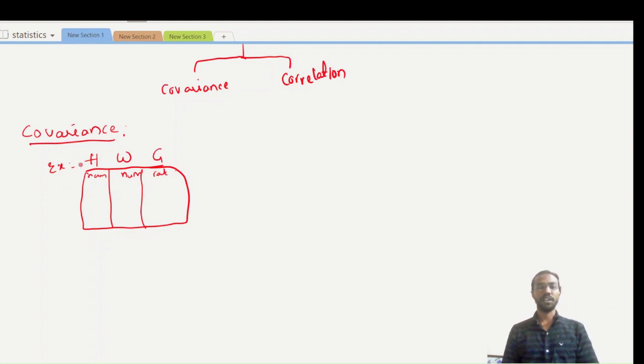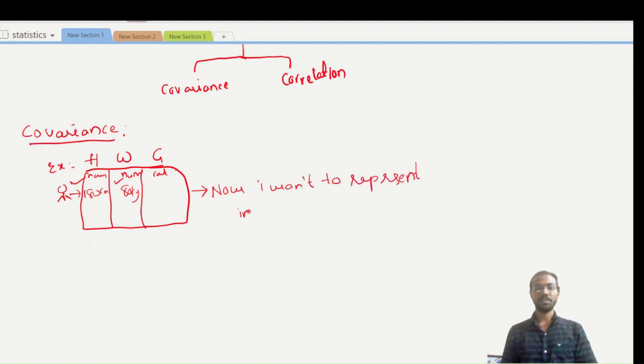Suppose we are dealing with two variables only. So I take the height and weight columns from this data. Suppose there is a person with a height of 180 centimeters and a weight of 80 kgs. Now I want to represent this in a visual, graphical way.